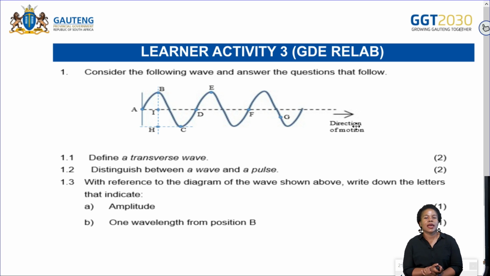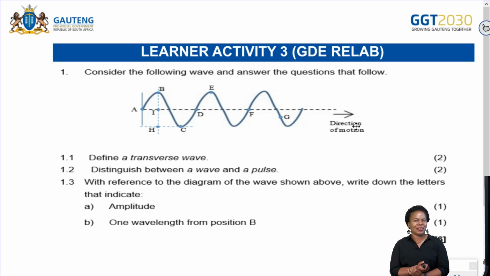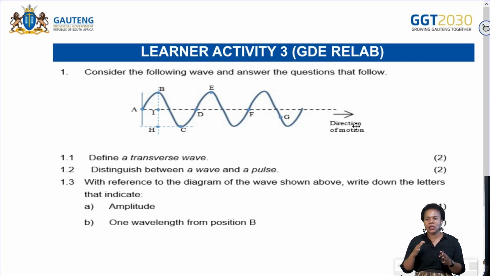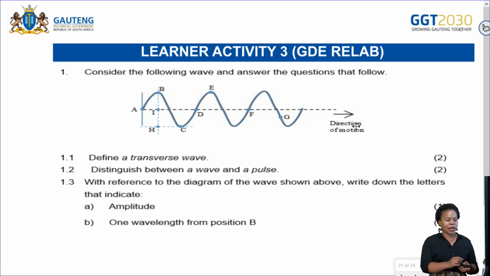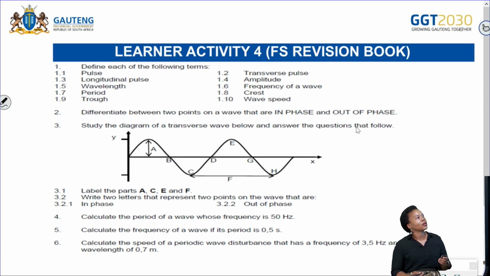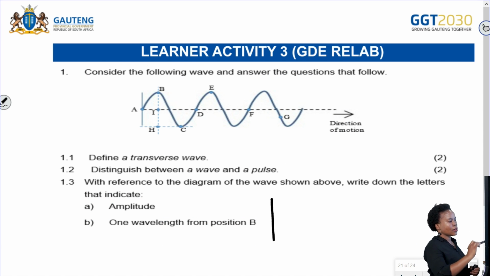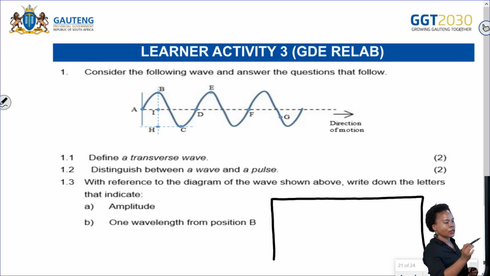Then 1.2. Distinguish between a wave and a pulse. You start with a pulse. As you're distinguishing, if you are unable to distinguish without writing a paragraph, just write it in a tabulated form. Have a pulse this side. This is how you properly differentiate.